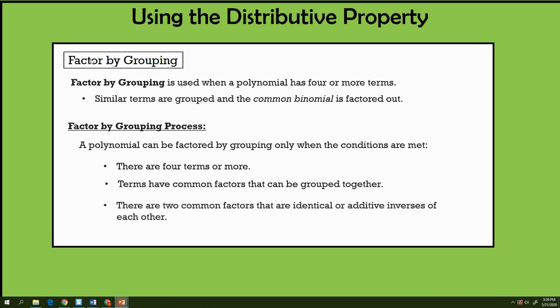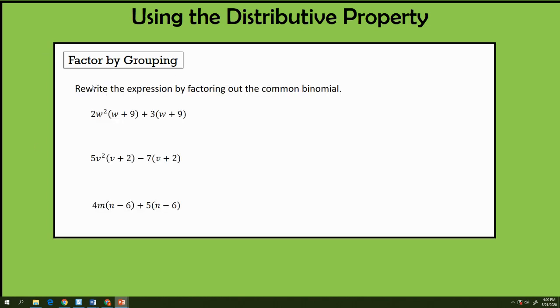And then once we've factored each of those two sets, they have to lead us to another common binomial factor shared between the two different groups. Again, it's very abstract. We're going to go step by step in this process, and hopefully you see it and understand it by the way I'm trying to use the animations here on this program.